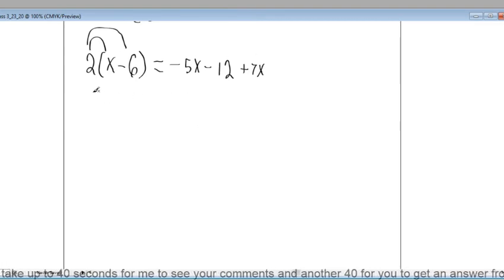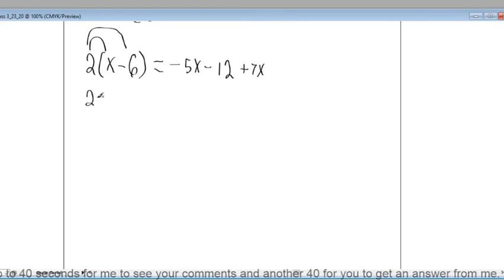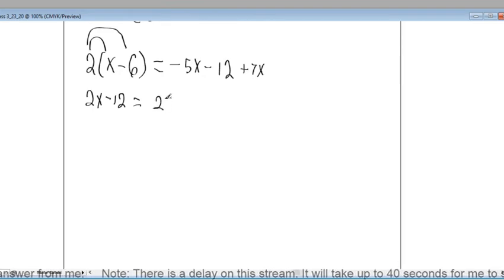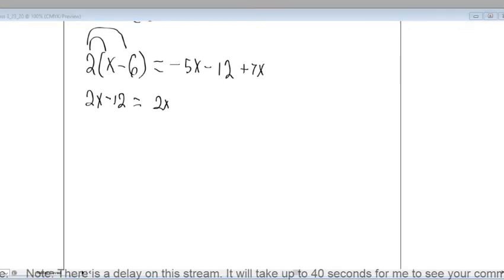So 2 times x is 2x. 2 times negative 6 is negative 12. Then we have, again, the negative 5x and the positive 7x. If we combine those, we get positive 2x. Somebody tricked me on this one.